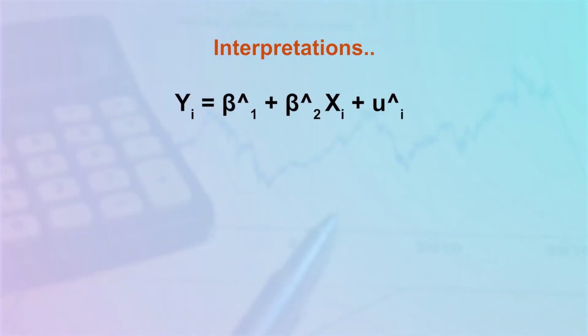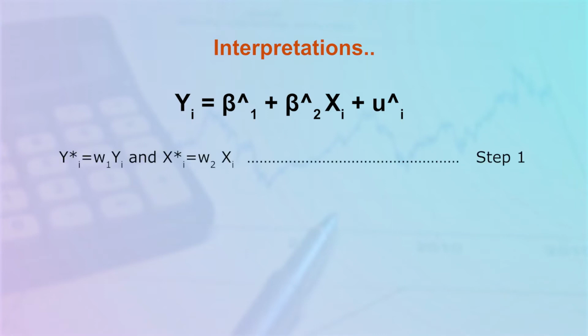As we now proceed further to some of the important statistical results based on the scaling, we again start with our original model where yi is regressed upon xi, and beta 1 hat and beta 2 hat are the slope coefficients. Then we go to step 1 where the rescaling is done.